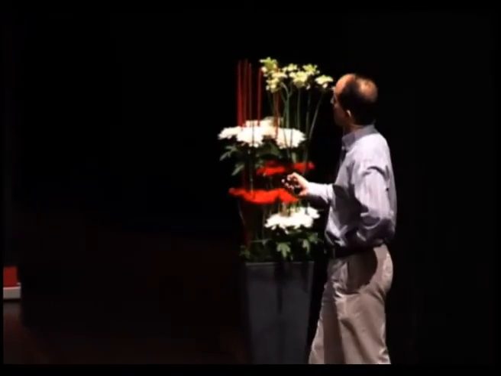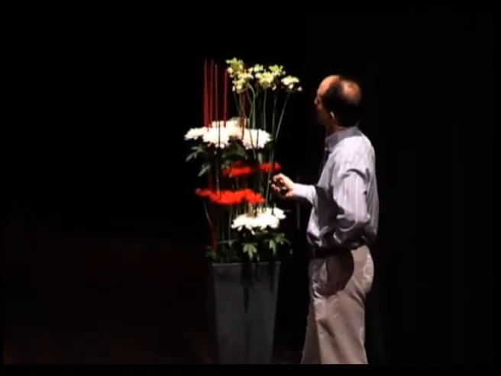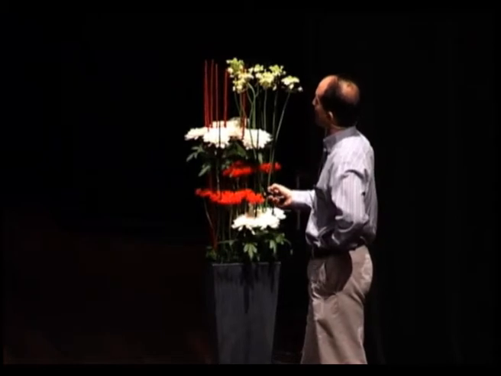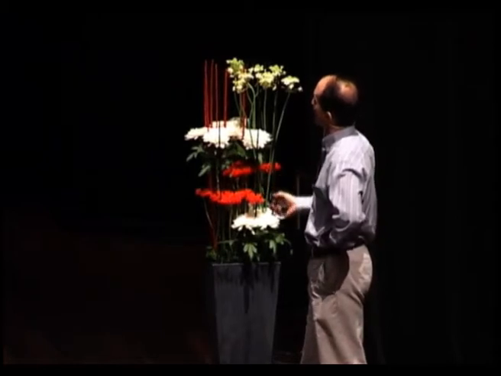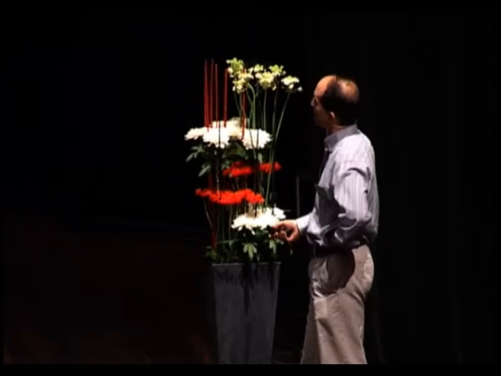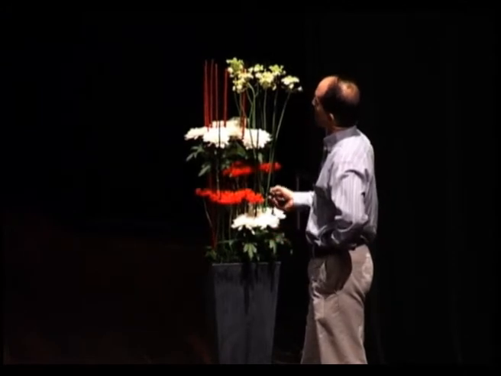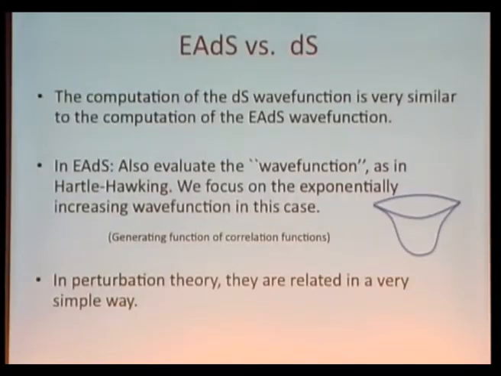That's the usual calculation we do for calculating the generating function of correlation functions of a stress tensor. So that calculation is also essentially calculating the Hartle-Hawking wave function of the universe, but in this Euclidean region. Now, in fact, this calculation and this other calculation are actually related in a simple way.